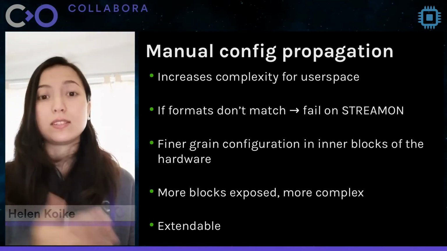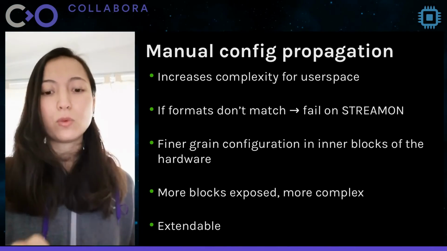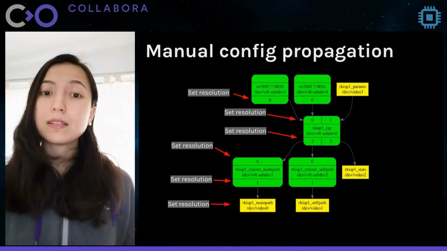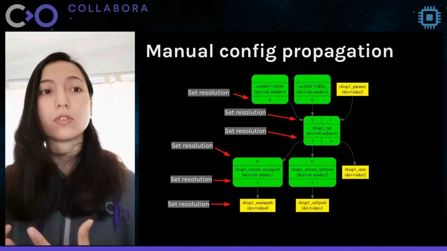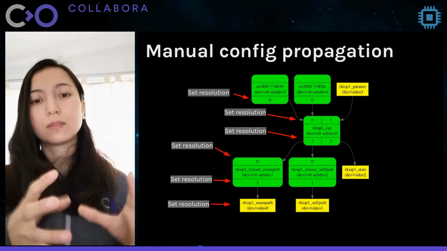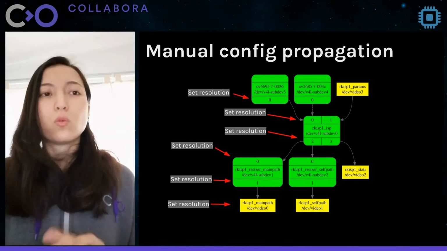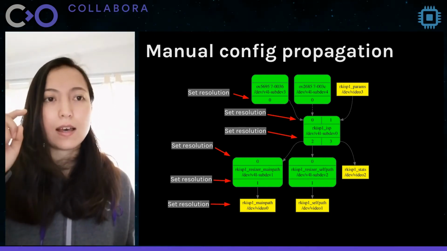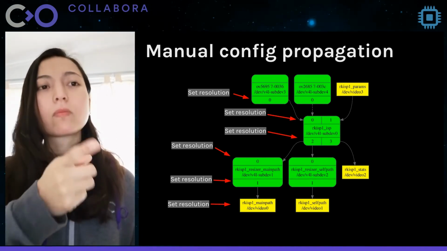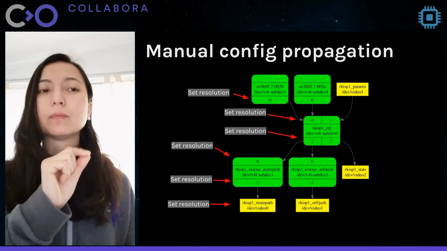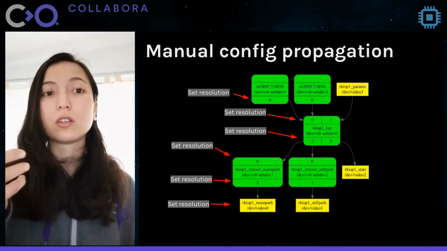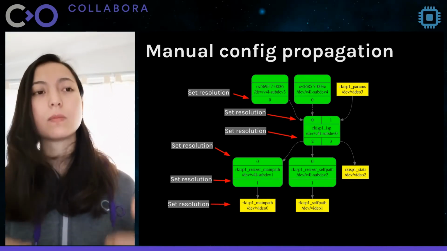Also, manual configuration is not extendable, since if we come back to the previous slide, we cannot mix auto and manual configuration. So if you choose one scheme, you need to stick with it. We cannot have a manual configuration on the subdevice, on the sensor block there, and auto configuration on the ISP. Doesn't make much sense.